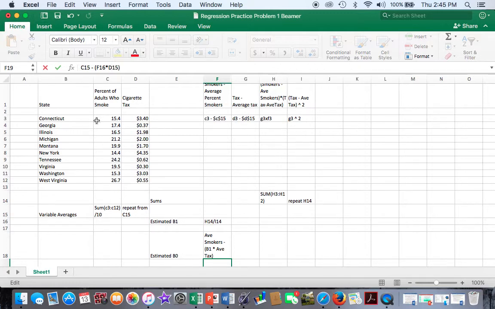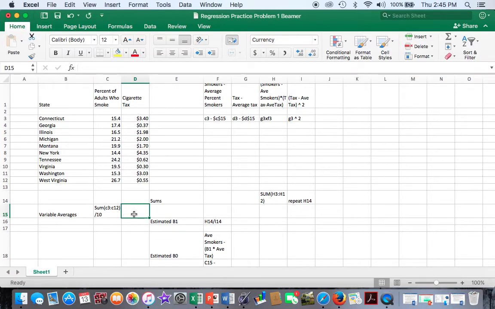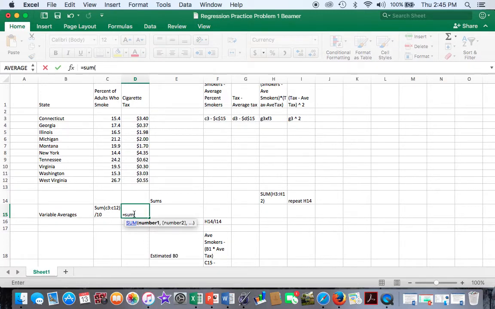The first thing we're going to need are the averages for our causal and response variable. Our cause variable is the cigarette tax. Our response variable is the percent of adults who smoke. To get the average cigarette tax, I can just do an equals sum, from D3 to D12, close my parentheses, and since I have 10 observations, divide that by 10.